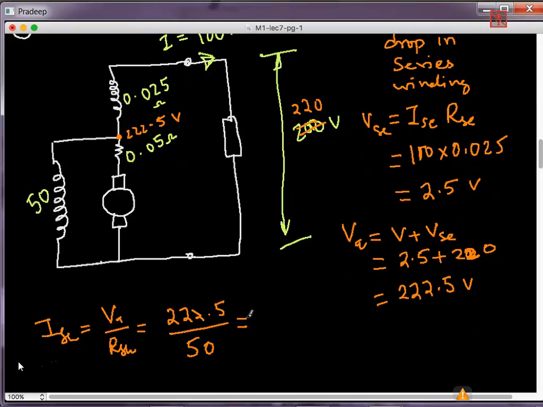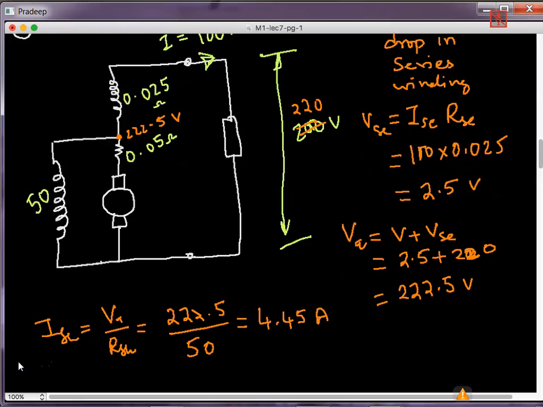So how much is that? 222.5 divided by 50. This current comes out to be 4.45 amperes.